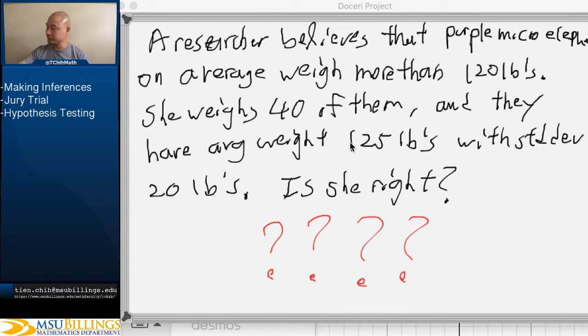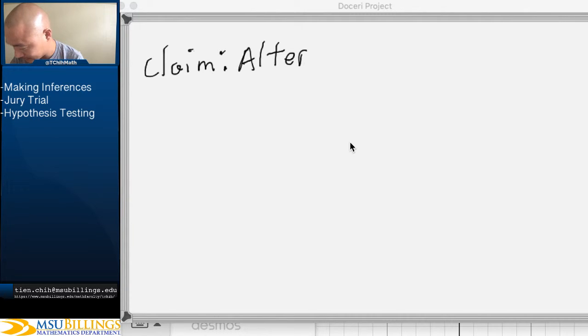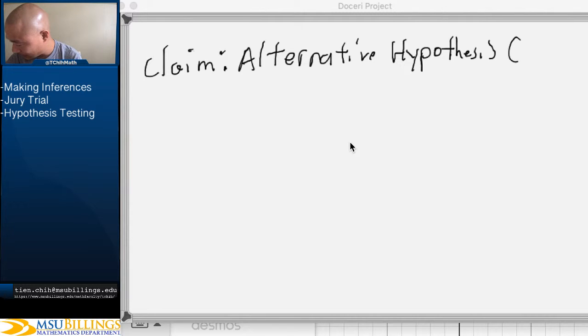So, the researcher here is making a claim, and so let's talk about what this claim is. And this claim is called the alternative hypothesis. It's denoted HA.